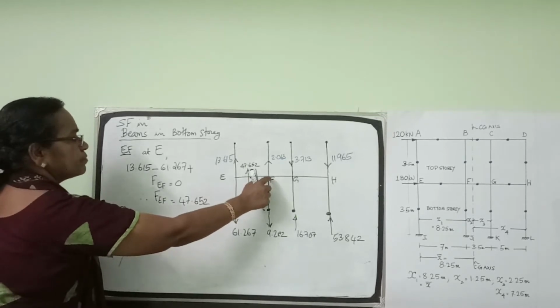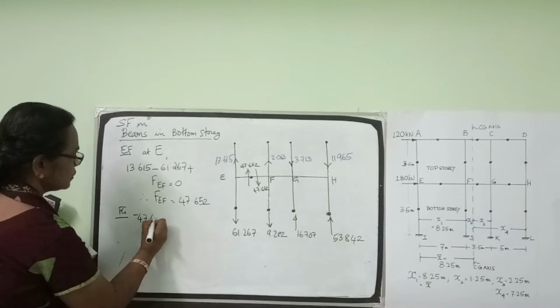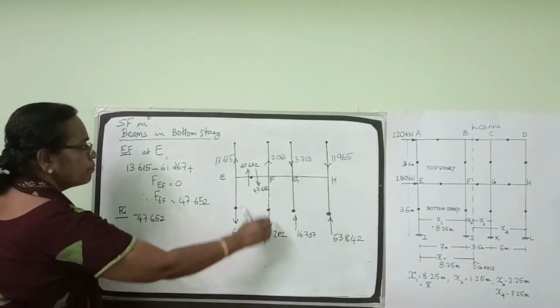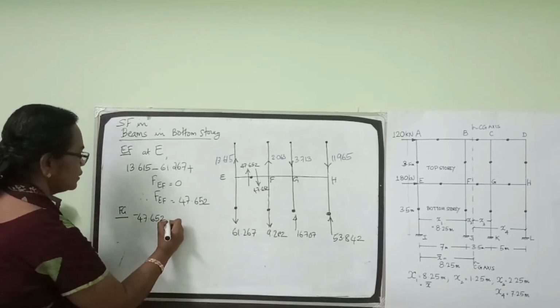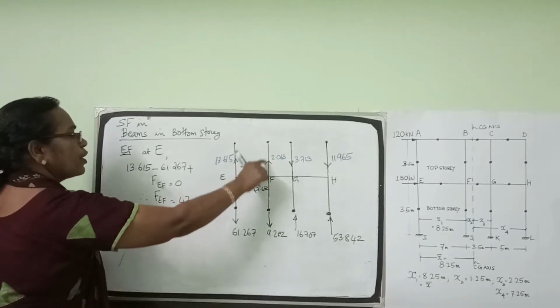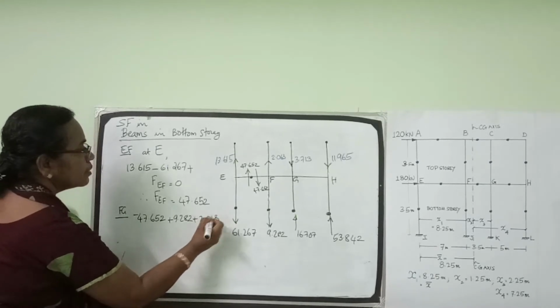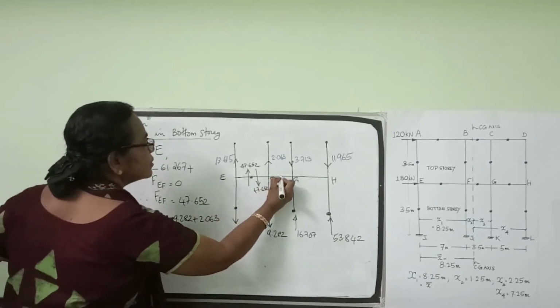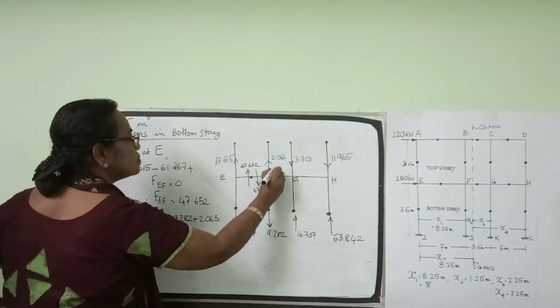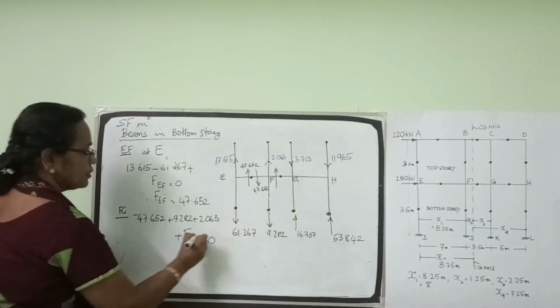Now coming to beam FG. Considering joint F, 47.652 is acting downwards, 9.282 is acting downward, 2.063 is acting upward, plus shear force in beam FG is equal to 0.